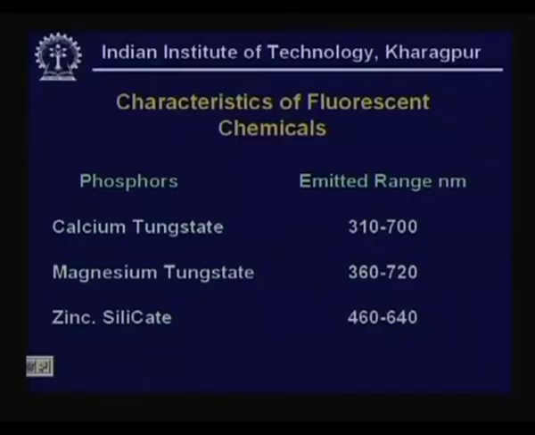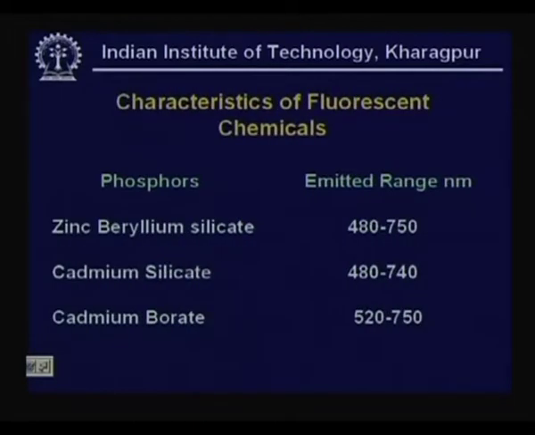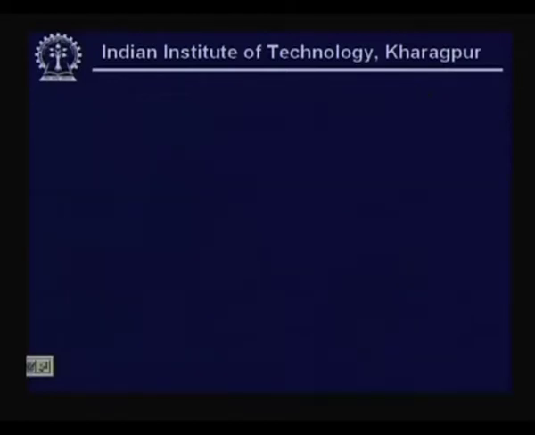Magnesium tungstate is around 360 to 720, whereas zinc silicate is only between 460 to 640. That is an important issue to be kept in mind. Zinc beryllium silicate is around 480 to 750, whereas cadmium silicate is, as you see, as we are going along down the table, it is shifting a bit to the right. That is a very important thing to be kept in mind. Emitted range, cadmium borate is between 520 to 750.